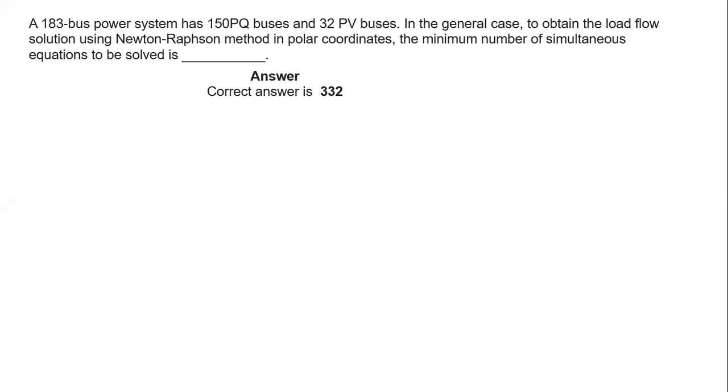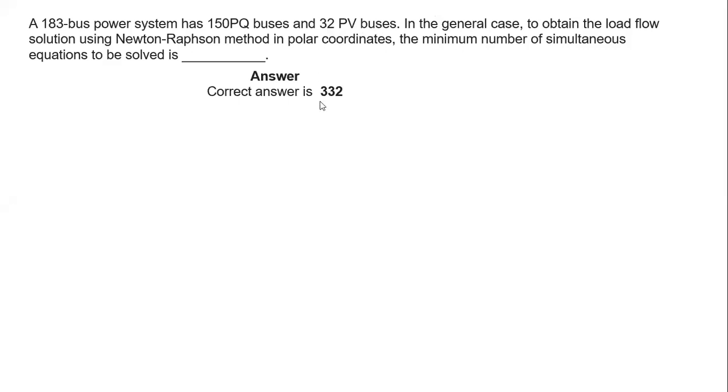Then how many PV buses are there? 32 PV buses. For each PV bus, how many equations do you have to solve? Only one equation, equation 4. So for PV buses we get 32. So 150 into 2, that is 300, plus 32 is 332.